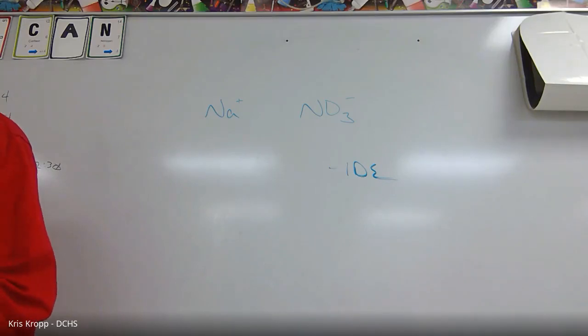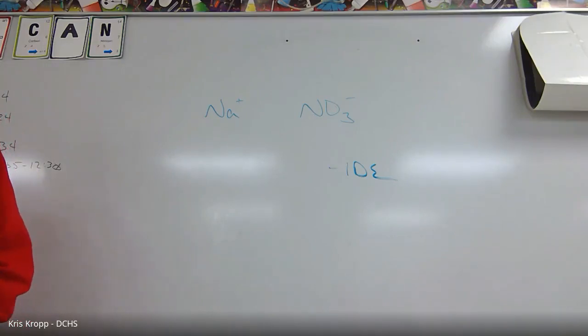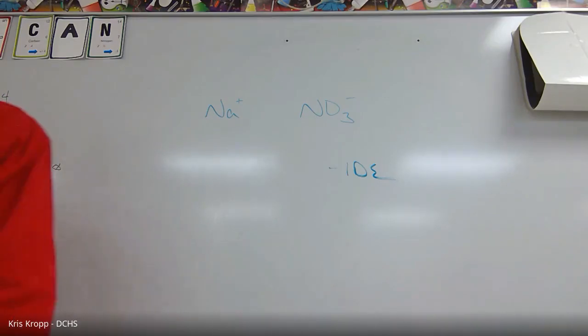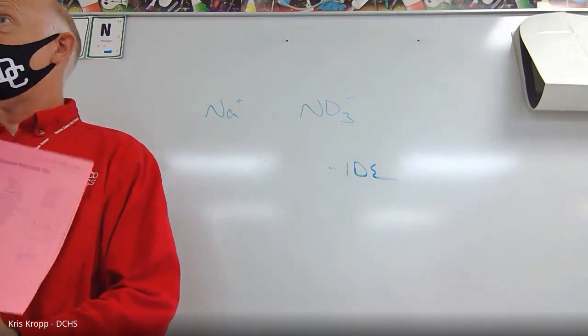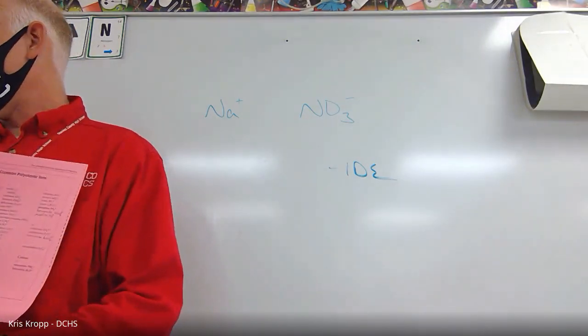That's it. Okay? So if it ends in IDE, we can look first at the periodic table and see if it's any of those elements. If it's not one of those elements and it ends in IDE, where will we find it? Somewhere on this list. Okay?